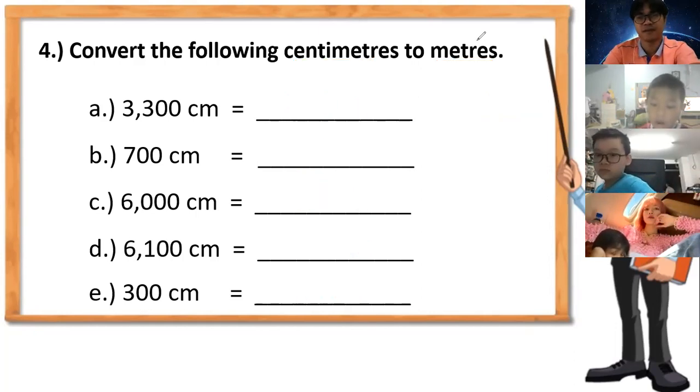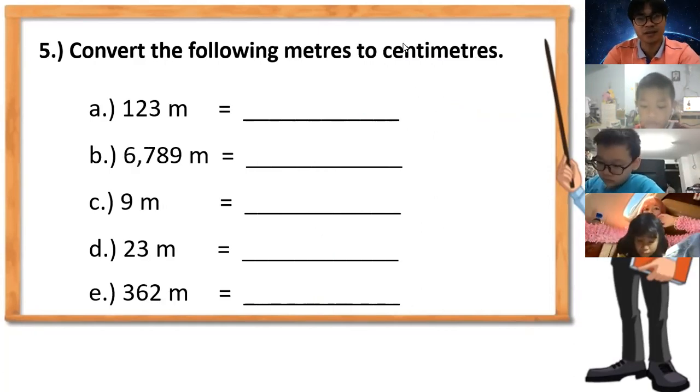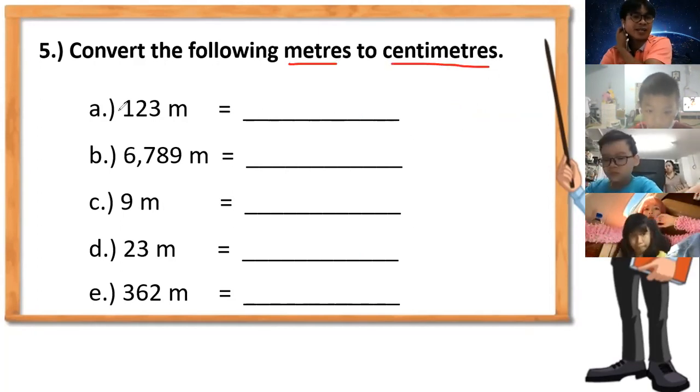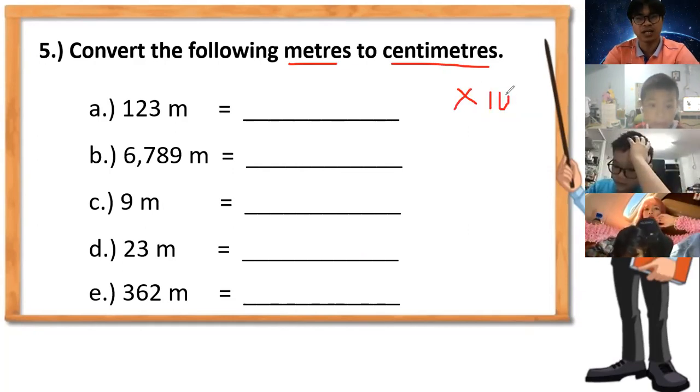Number 5, letter A. We are now converting from meters to centimeters. 123 meters times 100. What's the answer?